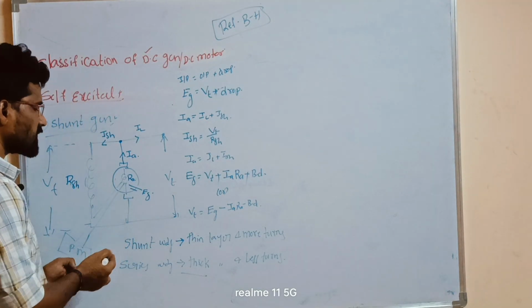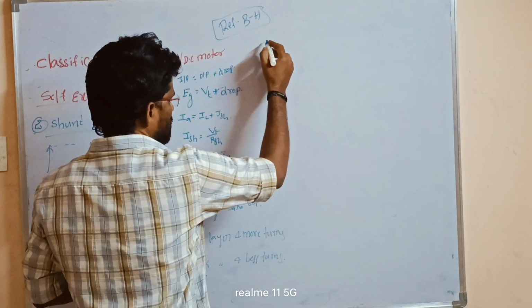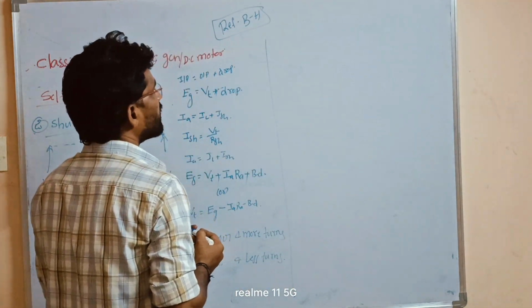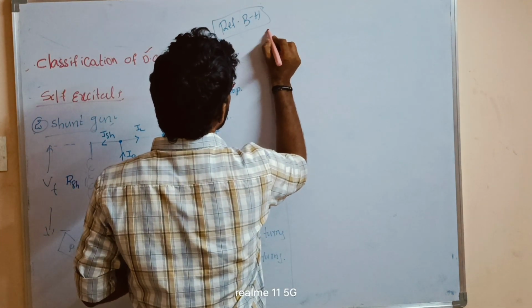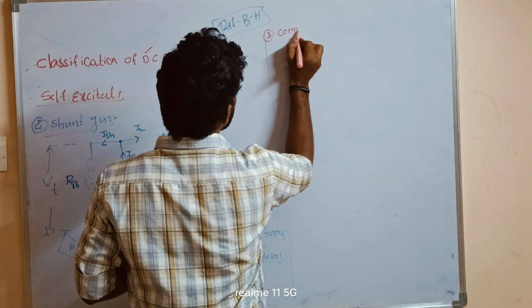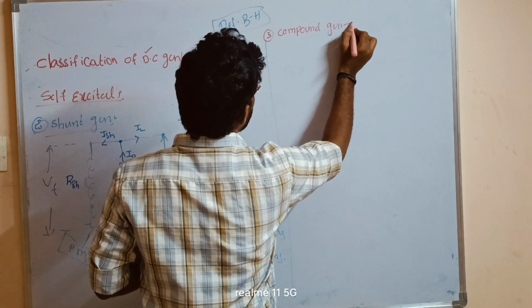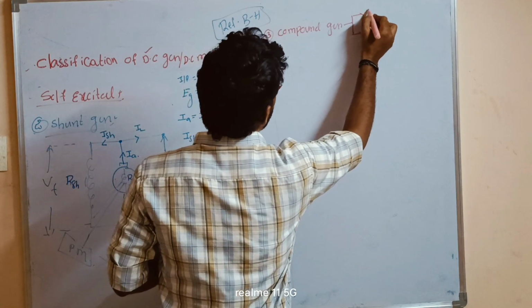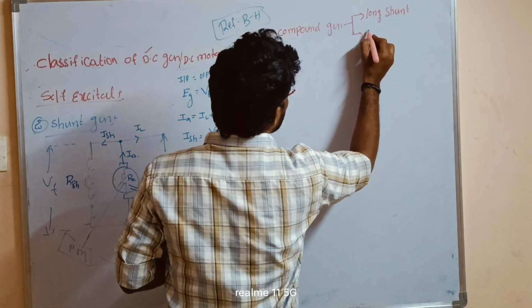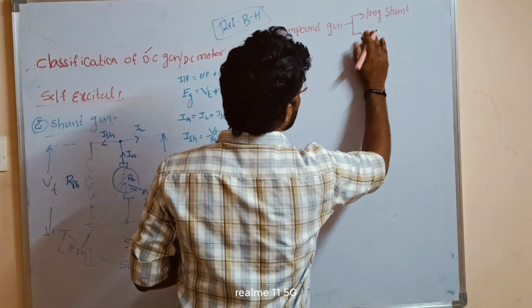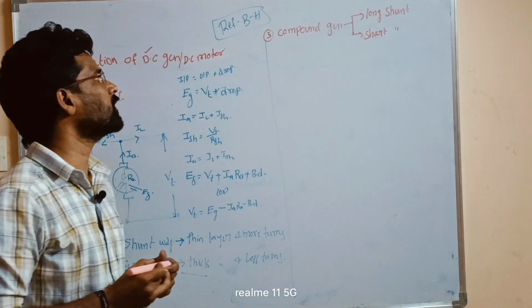The compound generator, the third one, is again classified into two types: long shunt and short shunt.